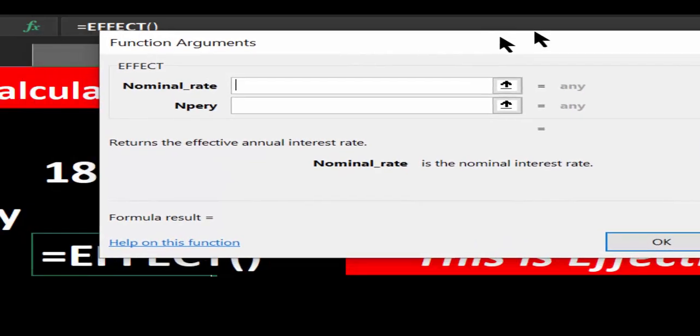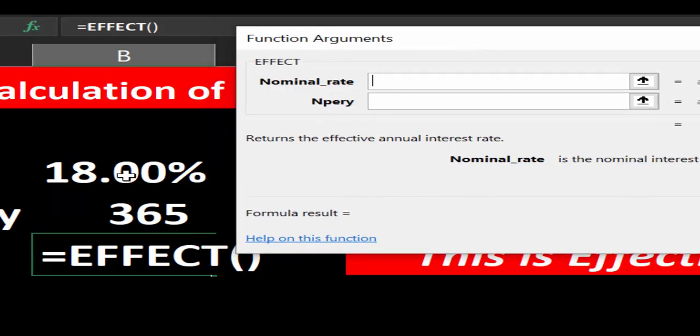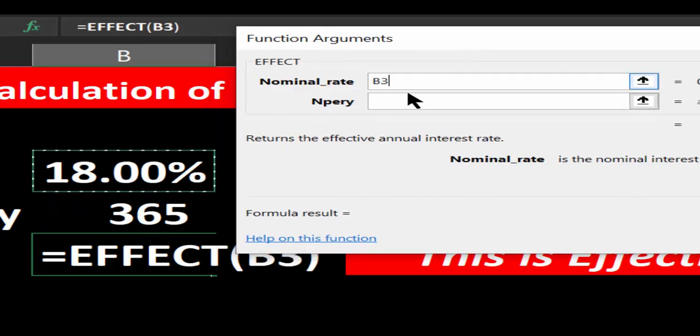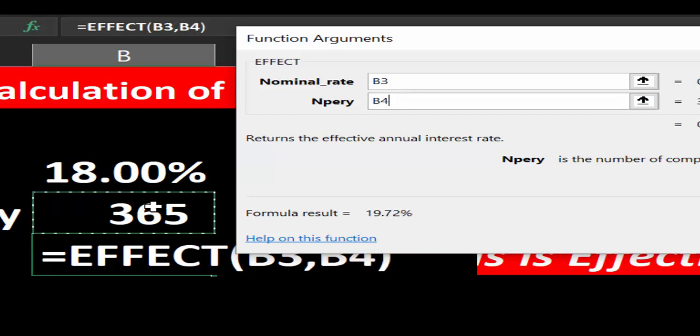Where are your arguments? The so-called nominal rate is indeed the APR, and NPERY is the frequency. As you can see, with each of the arguments, it actually shows you what that argument does. In this case, NPERY is the number of compounding periods per year. If it's daily, it's 365. The first one is nominal rate.